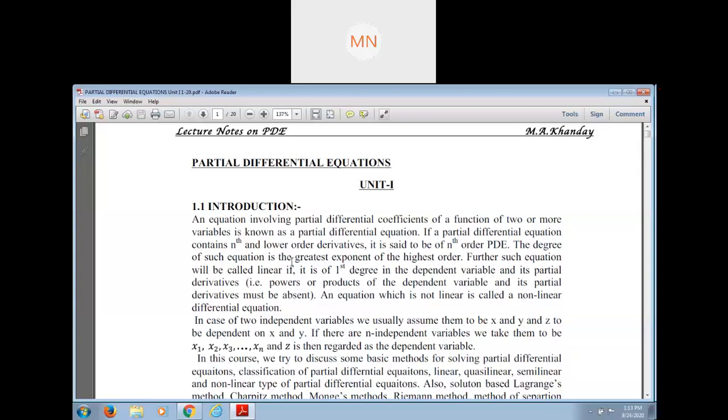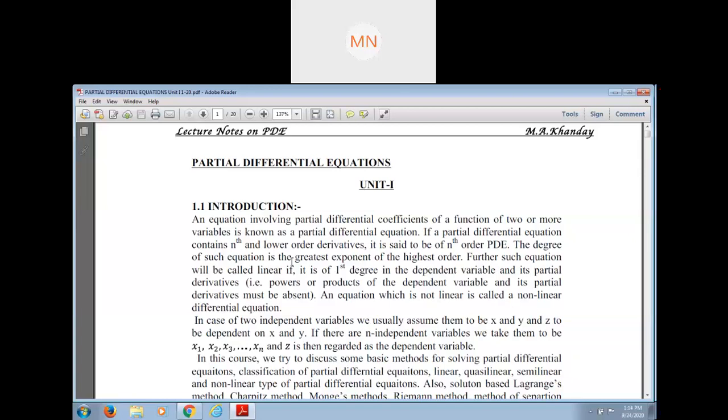Suppose you consider d2y/dx square plus 6 dy/dx. Highest order of the derivative. Here d means the derivative. If we write d2y, then the highest order is 2. So the order of that equation is 2. And degree is what?